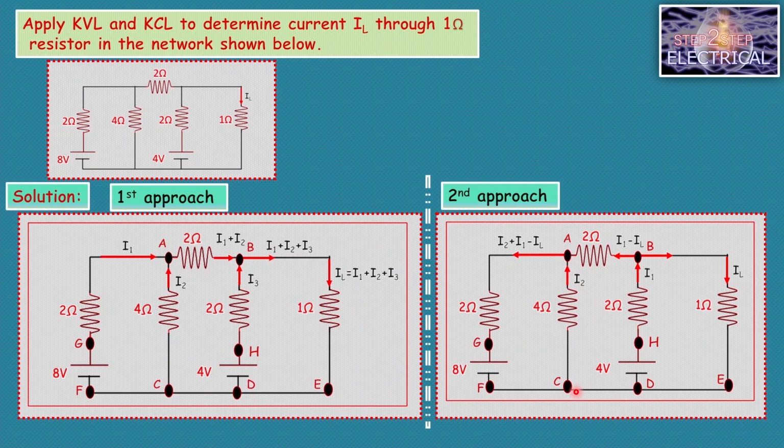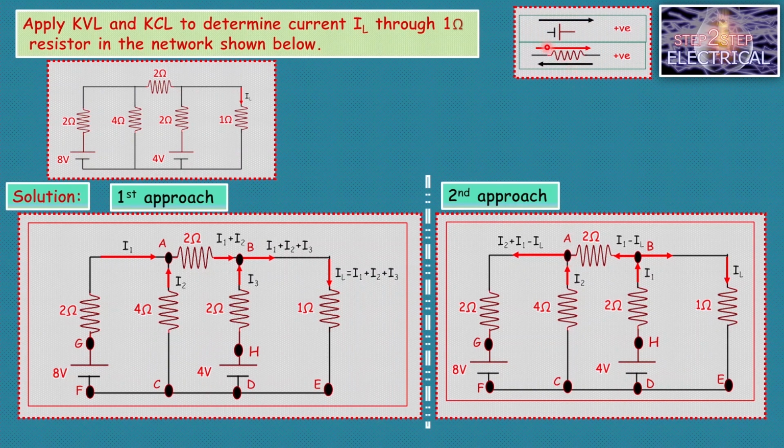And now again, through branch CA, I2 current flows which enters the junction A. Through branch AGFC, I2 plus I1 minus IL current will flow.